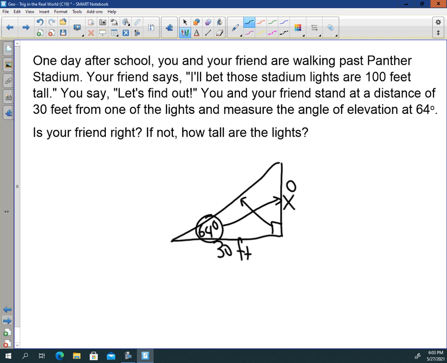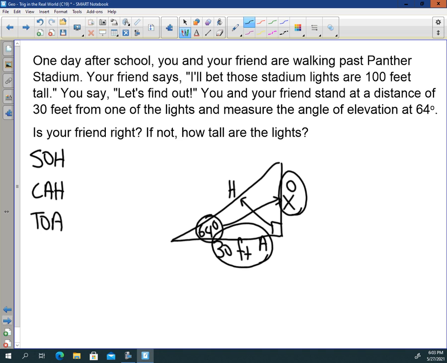Across from the right angle is the hypotenuse, leaving this side to be the adjacent. We have the adjacent. We want the opposite. And so we have to pick the correct trig ratio. SOH is sine, CAH is cosine, TOA is tangent, and we have the adjacent and we want the opposite. So that looks like a tangent ratio thing to me.